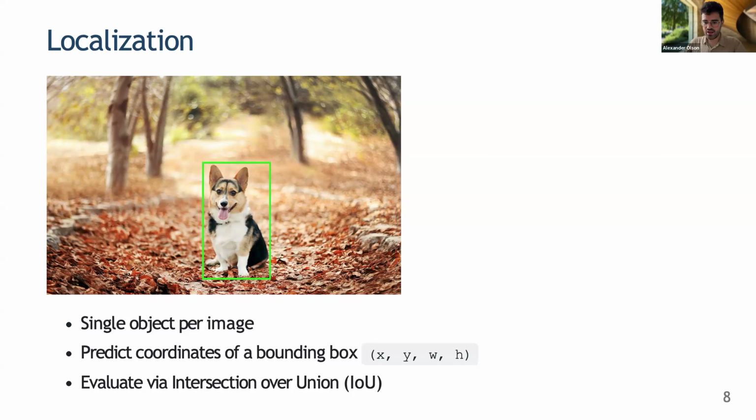And the quality of these predictions is evaluated using a metric called intersection over union. And so what intersection over union calculates, let's say that our prediction is here. We first calculate the area where these two boxes intersect.